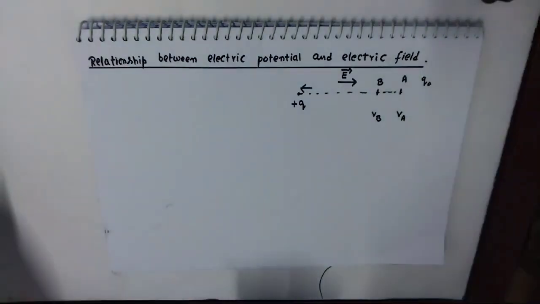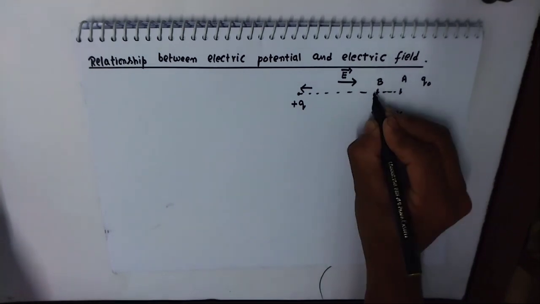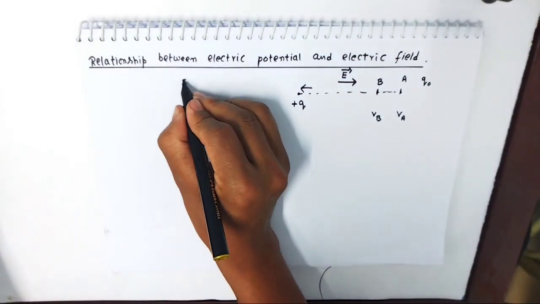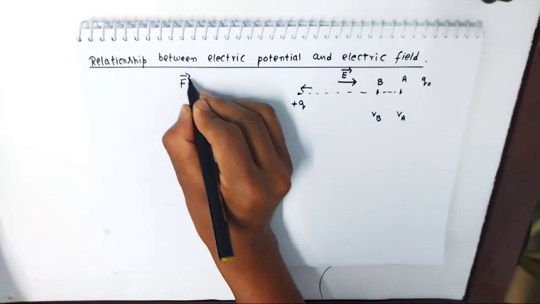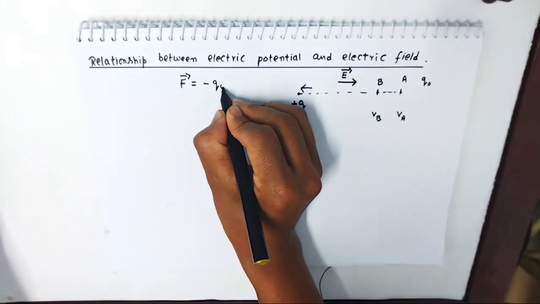So that external agent, in order to move a test charge Q naught from A to B without acceleration, the force is F equal to minus Q naught E.